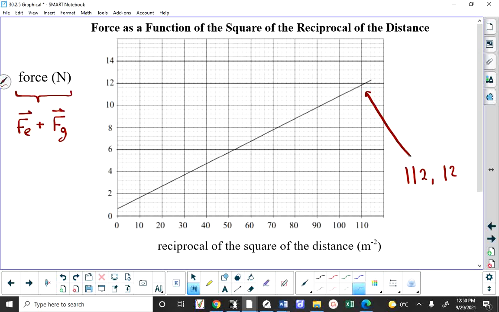I think maybe it's 111 point something. And over here, I don't know what I did. Let me do this one. 6, 1.2. Anyway, when I load those into my table and do a linear regression, my y-intercept was like 0.61 something. Which if I divide that by 9.81, I don't get 66 grams. I get closer to 61 grams.